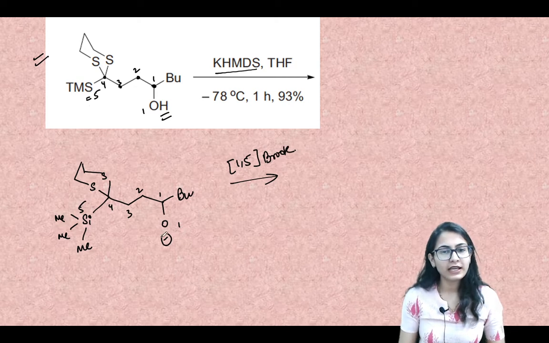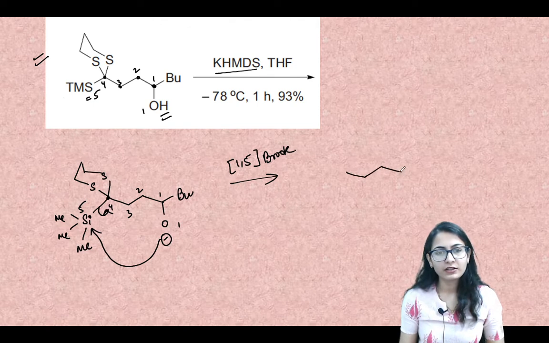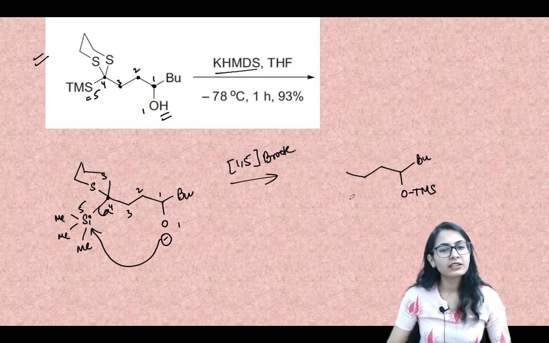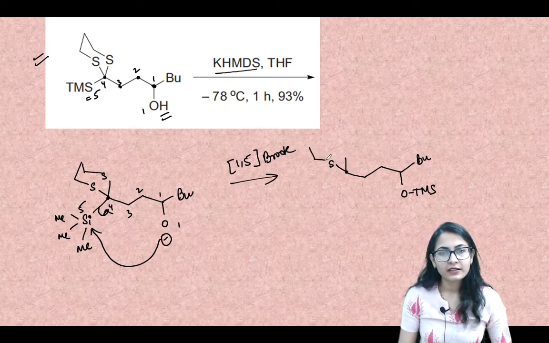Alright, so yes, oxygen attacks over silicon like this and the bond falls onto this carbon. So further, what do you get? Let me just draw. Here you get OTMS because it is the trimethylsilyl group, very easy to draw. Rest everything is going to remain the same. On the 4th carbon you still have the cyclohexyl group.